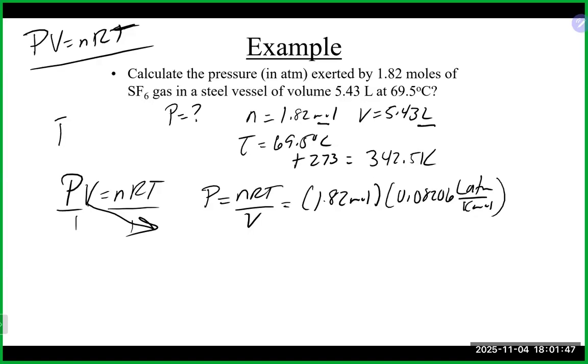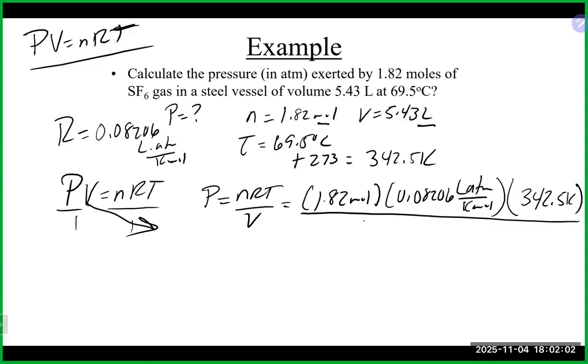Remember, that is R, which usually is never mentioned in the problem, but it is something that you always have available to you. Divided by our temperature, which was 342.5 Kelvin, all divided by our volume of 5.43 liters.